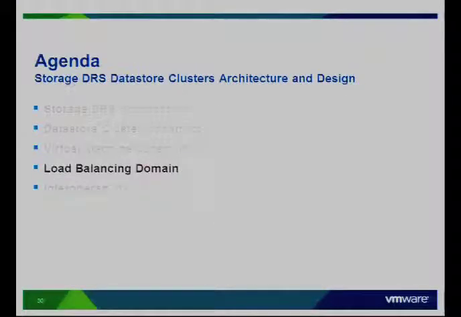Question? What if the VM has an affinity rule set to keep the files together, and the VMFS is say 2 terabytes, but the VM exceeds that amount of requirement.